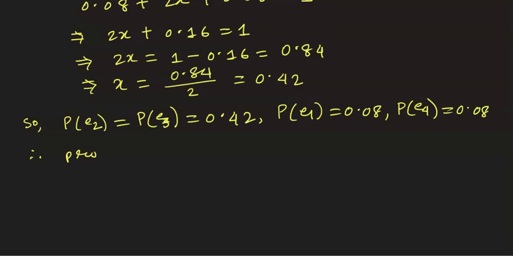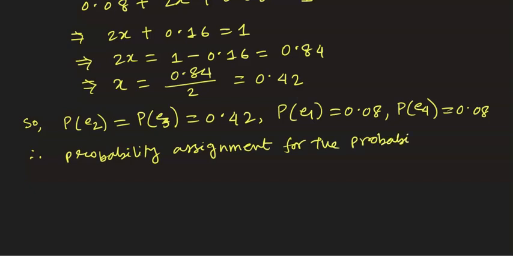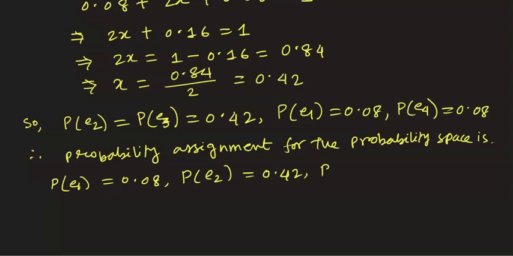Therefore, probability assignment for the probability space is probability of E1 is equal to 0.08, probability of E2 is equal to 0.42, probability of E3 is equal to 0.42, and probability of E4 is equal to 0.08. This is the answer for the first question.